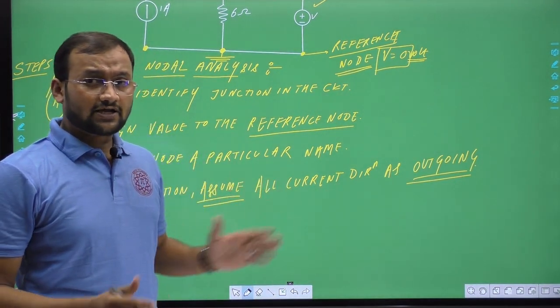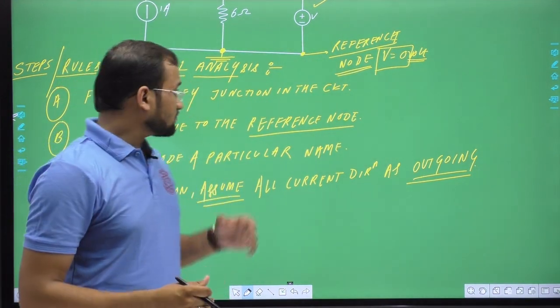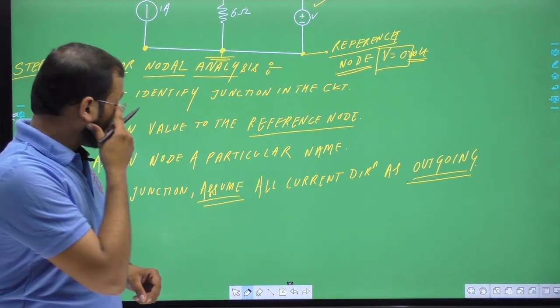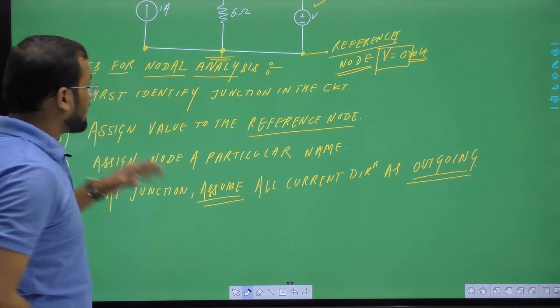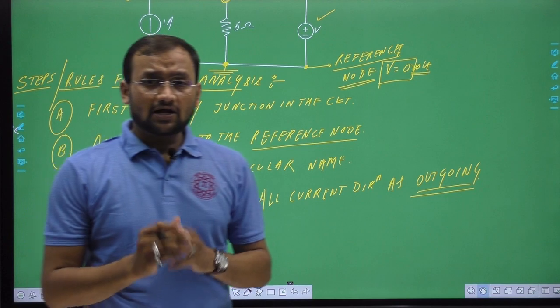It is not necessary that all current is going outward from that node. First we have to find the voltages, so in the steps of finding the voltages at the node, we assume current directions are outgoing.